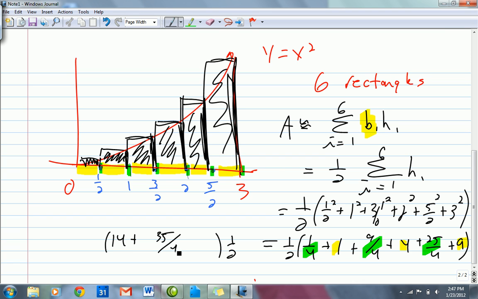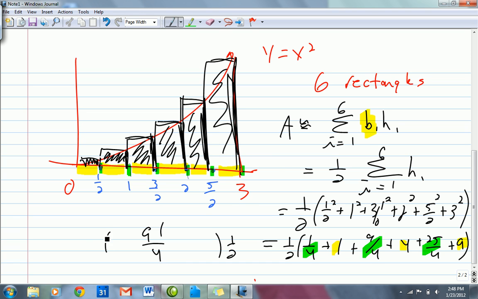And I'm going to multiply that by 1/2. So let's get a common denominator for that 14. So I'm going to change 14 into how many fourths it is. And so I'm going to call 14 times 4, which is 56, I believe. 56 fourths. And 56 plus 35 is going to be 91 fourths.